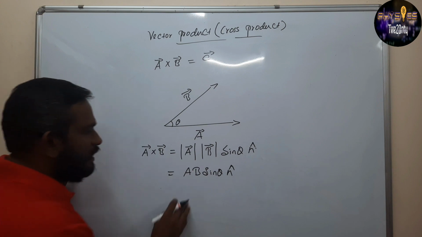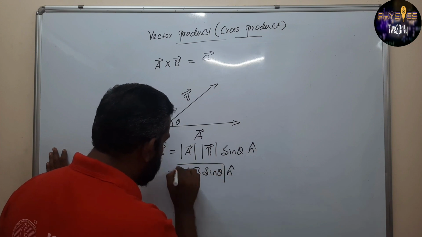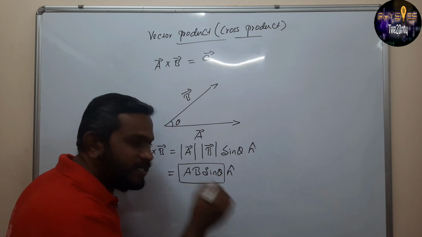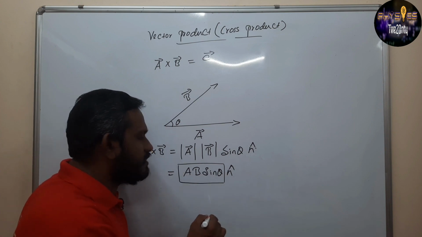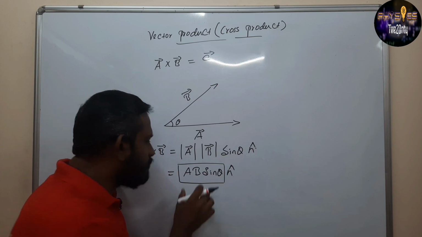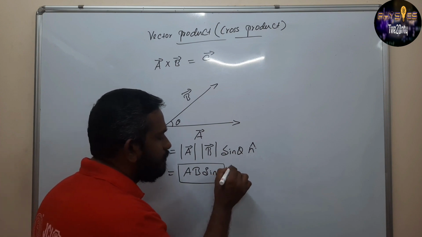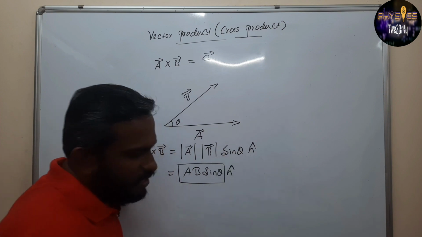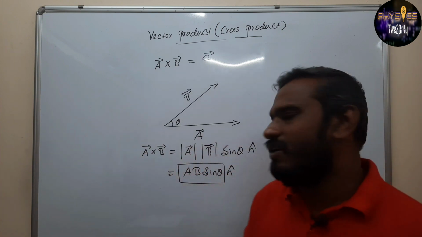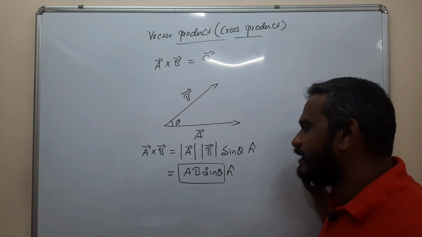AB sine theta gives the magnitude. You know why? Because A is a scalar, B is a scalar, and sine theta is also a scalar. So AB sine theta gives a scalar only, the magnitude. And n cap is a unit vector, which gives the direction of the resultant vector.